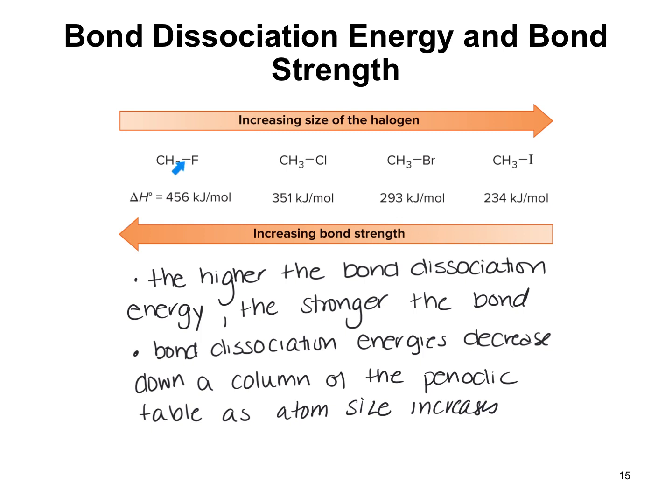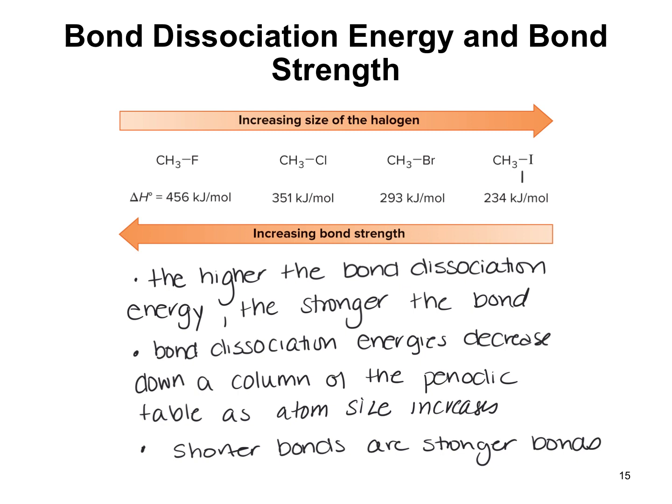So because this bond is closer, because fluorine is smaller, and over here iodine's really, really big, that means this bond is longer, right? What we find is that in general, shorter bonds are stronger bonds, right?